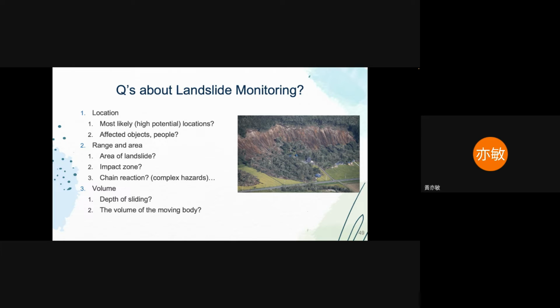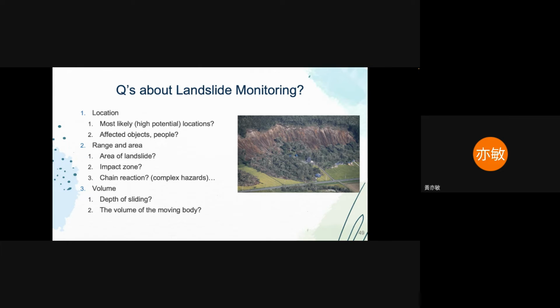And where it goes, it probably will bury the whole village, or it probably will bury a few houses, or it probably will just bury a creek, a smaller creek. That is the question regarding the volume.